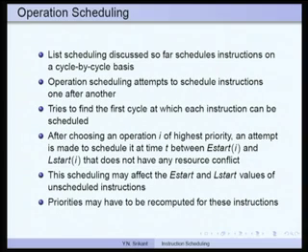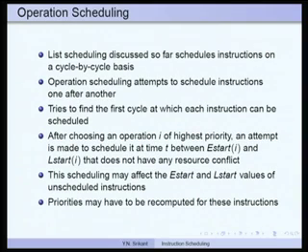Once we have scheduled it exactly at E start, then the E start and L start values of the other instructions remain as they are. Whereas, if we schedule it in any slot other than E start, then the E start and L start values of the successors, the other unscheduled instructions etcetera, will definitely change.